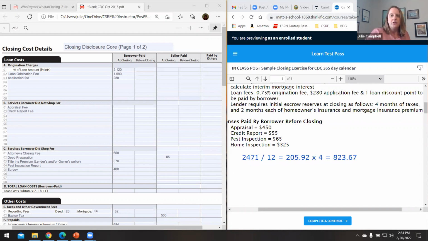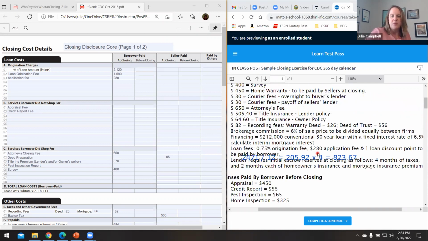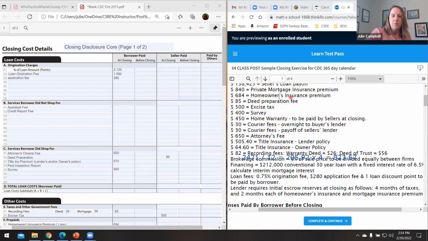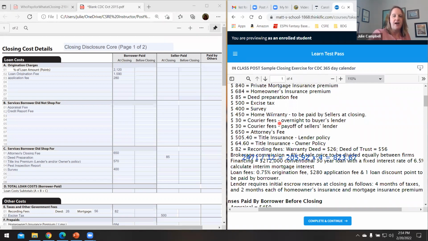They also want 2 months of homeowners insurance. So again, if I go back up in the problem a little bit, my homeowners insurance, I'm reminded, was $684. They paid the full year at settlement. In addition to paying the full year, they want some money for the escrow. So if insurance is more than $684 next year, they have some money in that cushion. They have the money that they can still pay that on the borrower's behalf.